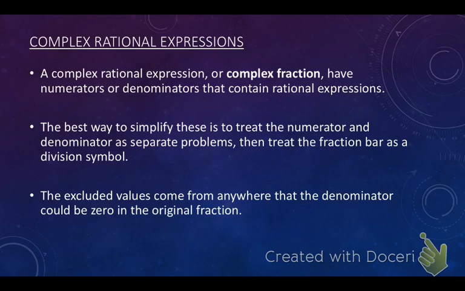It's completely up to you. I'll show you a way that I use. The fraction bar is just a division symbol. That's no different. And then excluded values come from anywhere that the denominator could be 0, in the original and then in our finished product.